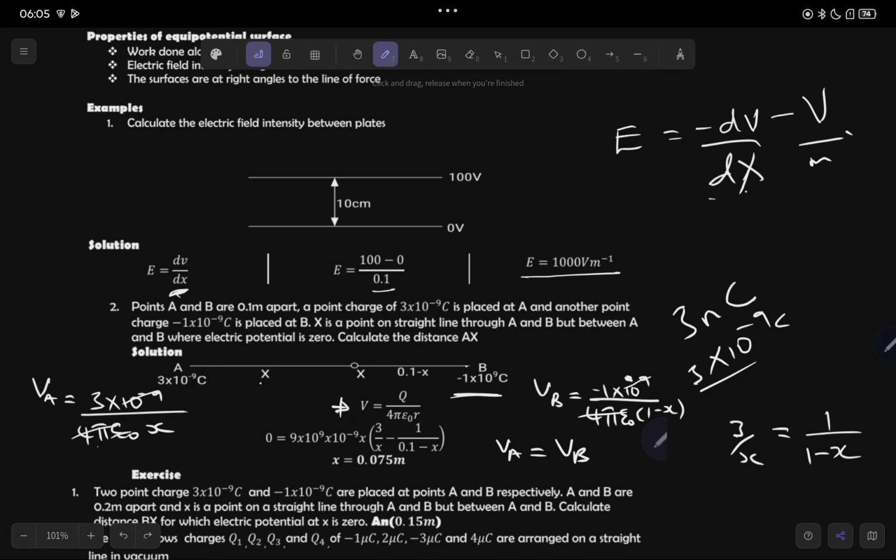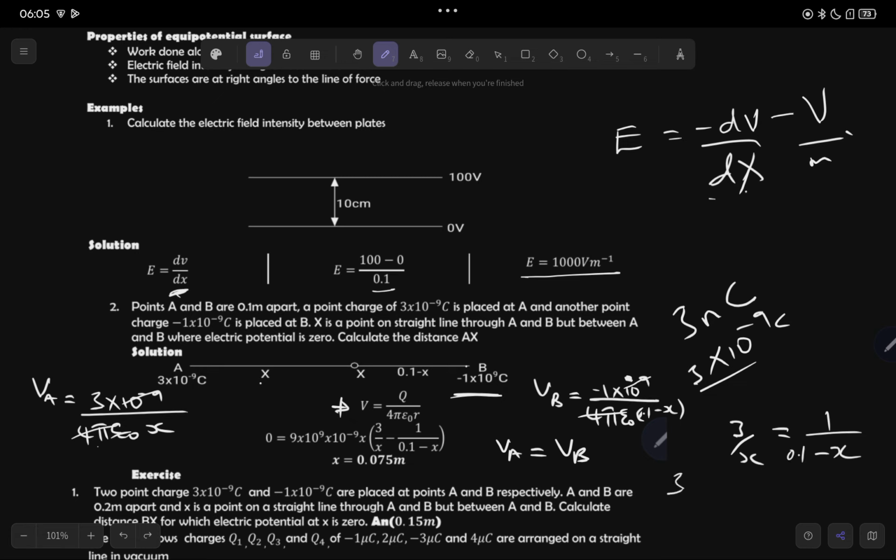Now if we cross multiply, we shall get 3 minus 3x is equal to x, so 4x is equal to 3. Oh, sorry, this one was 0.1, not 1. I did the wrong substitution here.